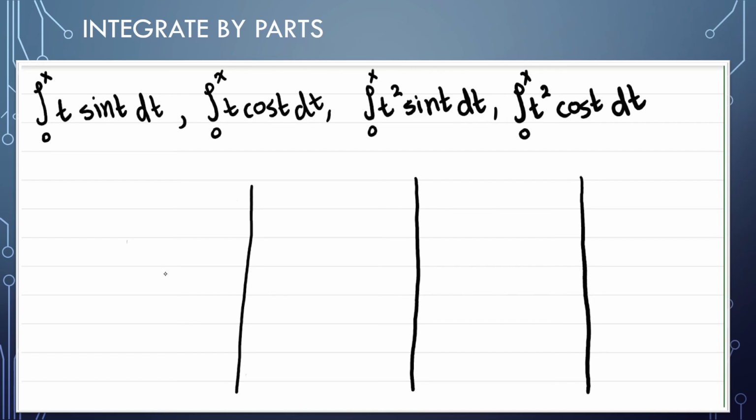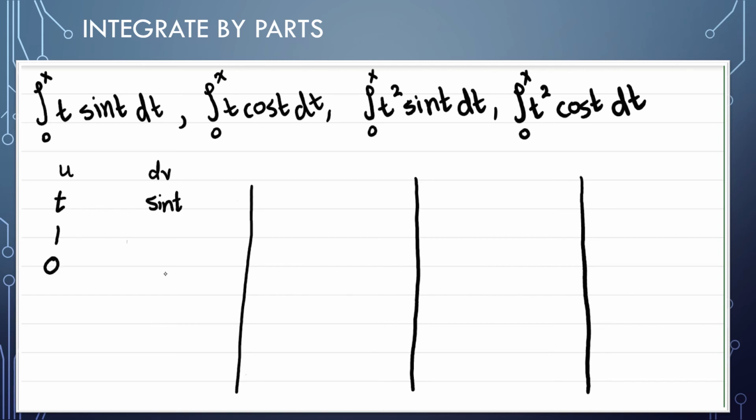So let's begin with the first integration. We will take t as the u, the part that we will differentiate, and we will take sine t as dv, the part that we will integrate, okay? So let's differentiate t. It will give us 1, and then it will give us 0.